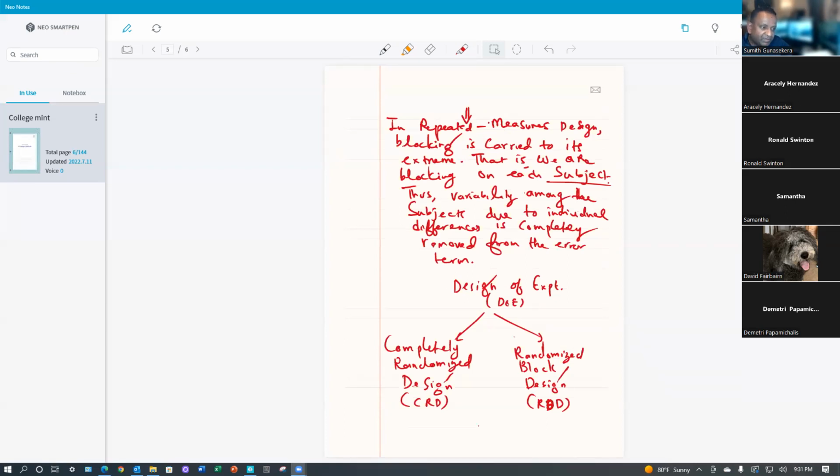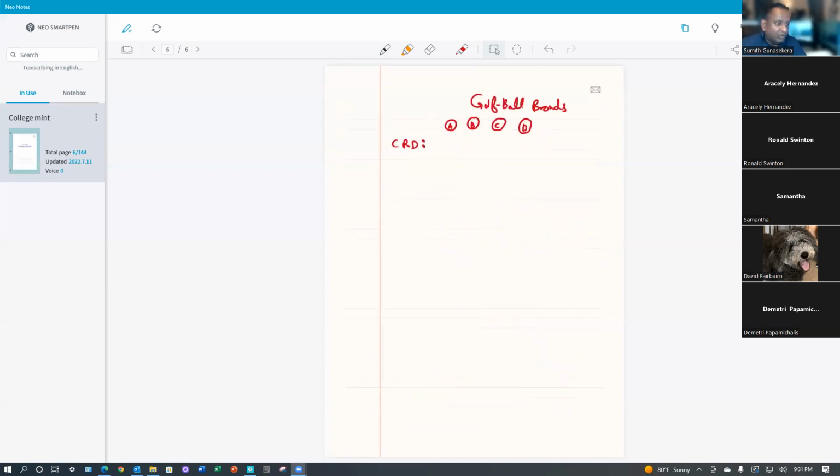But mainly in repeated measures, we are here. This is nothing but the repeated measures randomized block design, in the design of experiment. Let's say you really want to use the completely randomized design. What are you going to do? You take the 4 brands, and from a large pool of golf balls of brand A, you pick a sample.